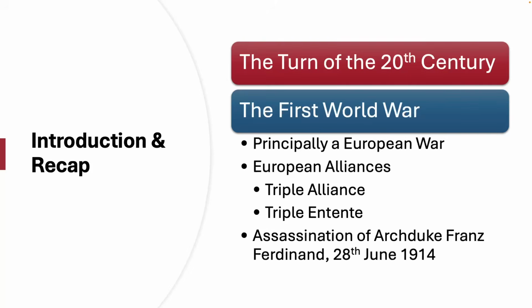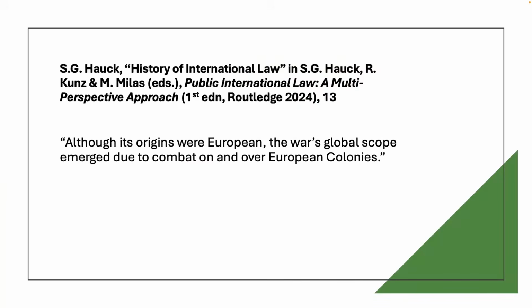The First World War then had a major impact on the landscape of the European continent and the world more broadly, of course, and it's important to realise that even though I have said that this is a conflict that is centrally European in nature, due to the impact of imperialism, it becomes a globalised conflict. As Hawke notes, for example, although its origins were European, the war's global scope emerged due to combat on and over European colonies.